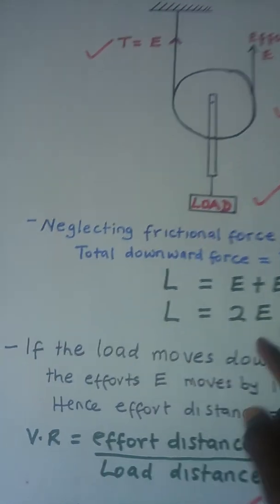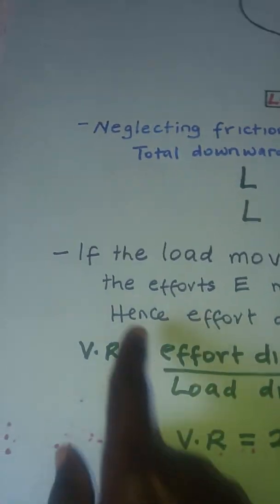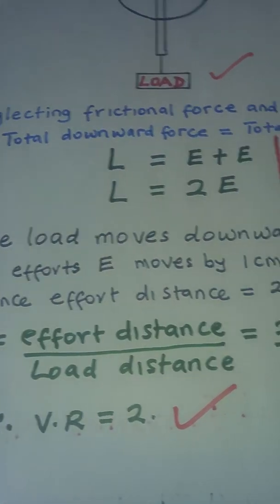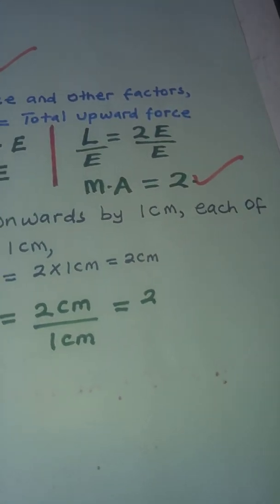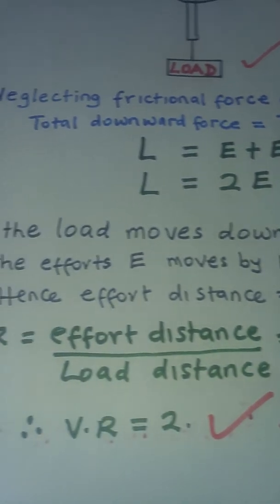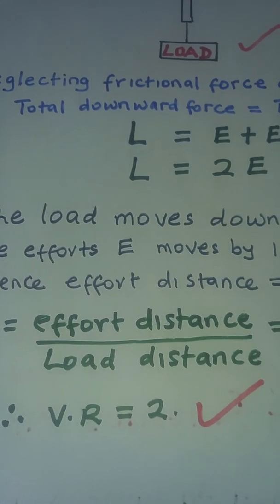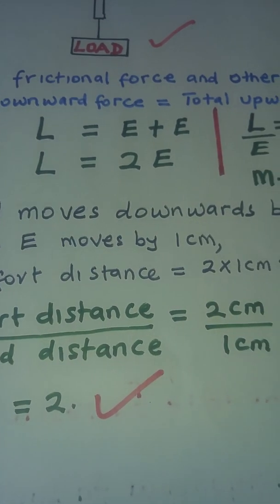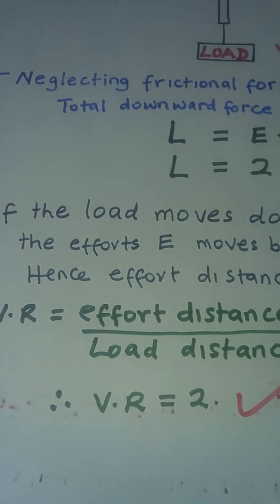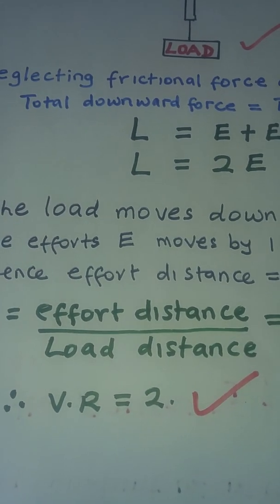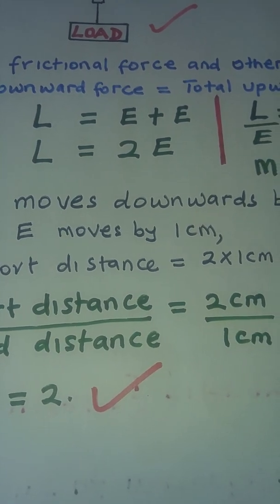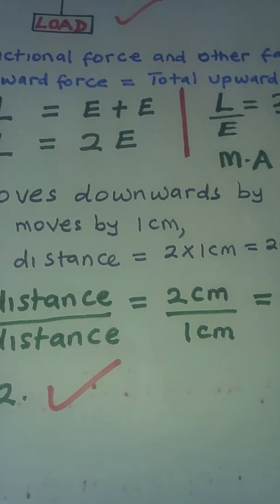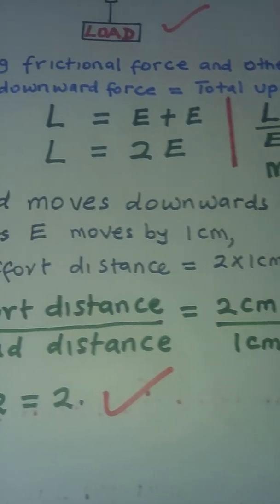You see? So we can put it in the form of writing and say, if the load moves downwards by 1 centimeter, what happens? Each of the efforts E will be moving also by 1 centimeter. What does that mean? It means the total distance moved by the effort will be 1 centimeter each, but there are 2, so times 2. So you end up with 2 centimeters.